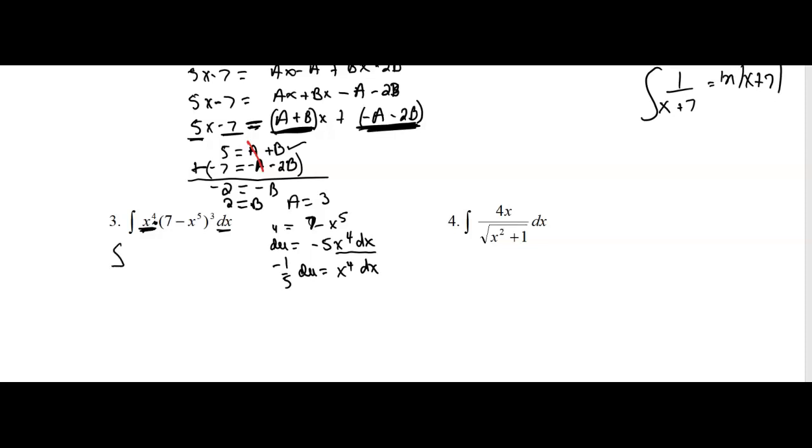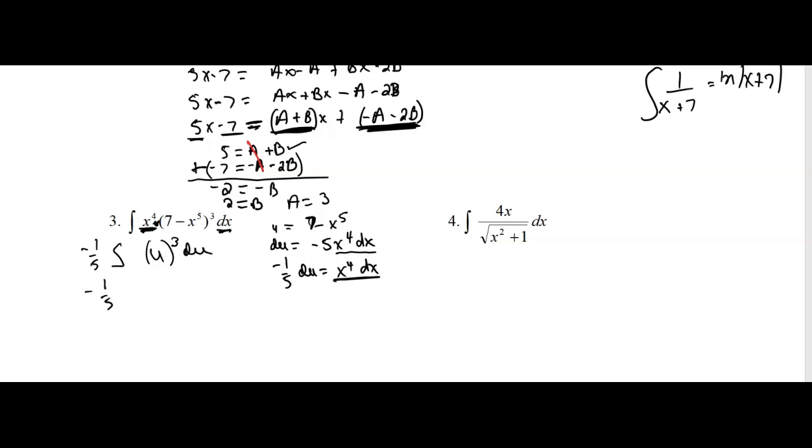If it didn't work, we deal with products using integration by parts. Okay. With this one then, we have u to the 3rd power. That was what our u was, the inside part of that expression. X to the 4th dx we have here, so we can get rid of those two items with a negative 1/5 and a du.